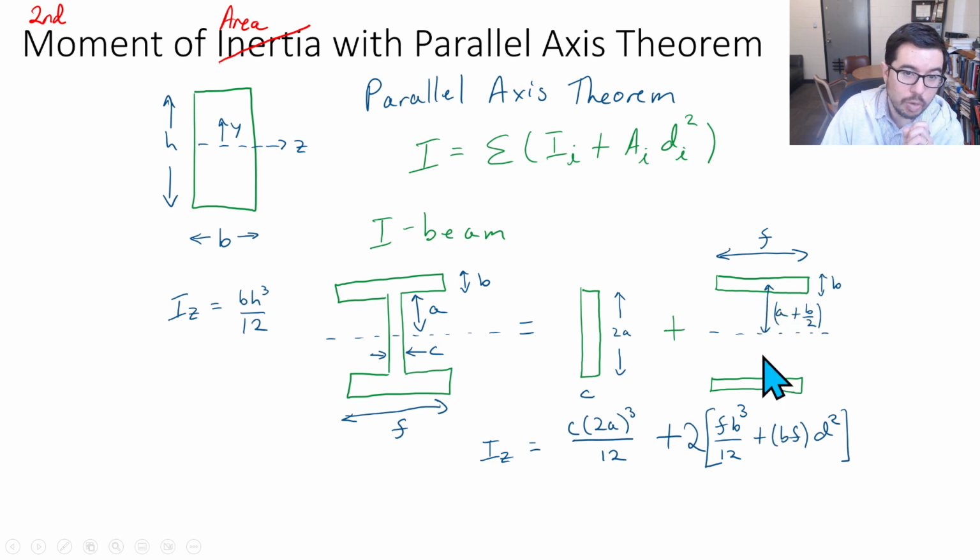But the centroid is further off than the neutral axis. So we said we need the area of these, which is bf, and we need the distance to the centroid, which is going to be some d squared. And we just said that d is actually a plus b over 2.